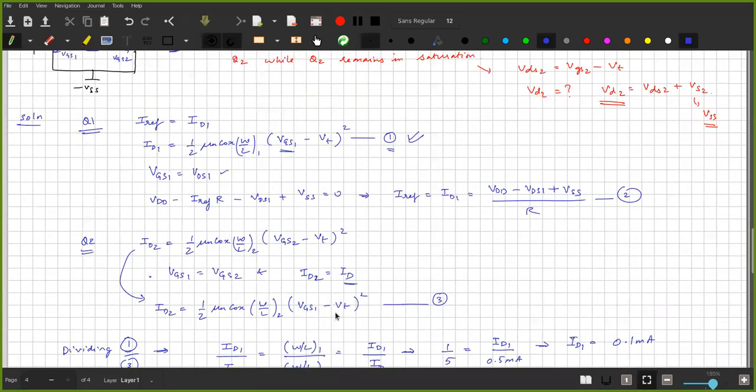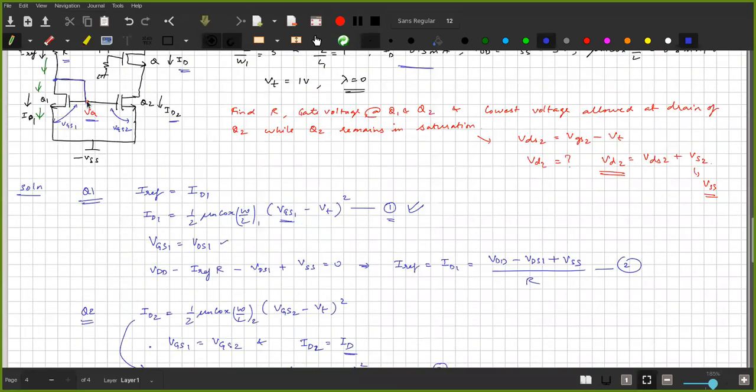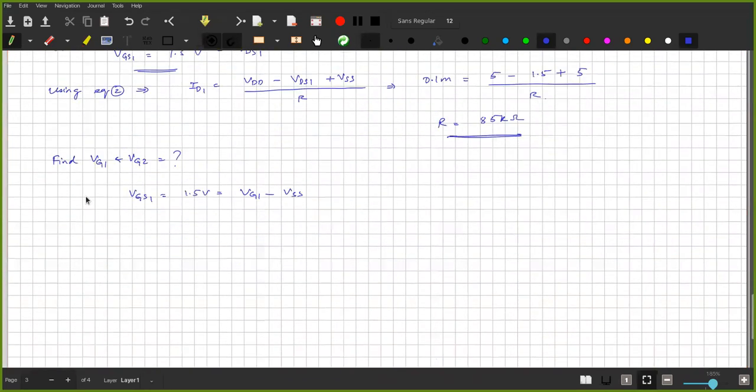So VGS1 is nothing but this potential difference. So it is VG1 minus, actually it is minus VSS. So 1.5 volts is equal to VG1 minus of minus 5.